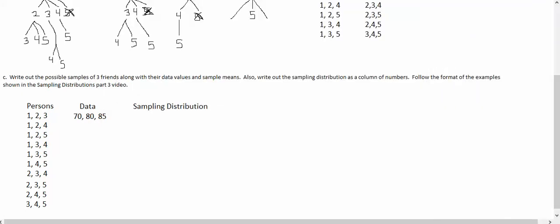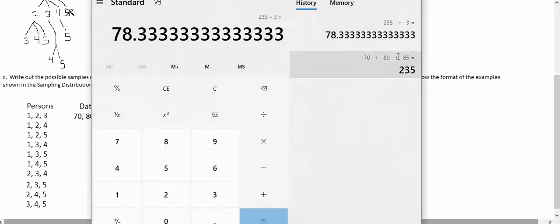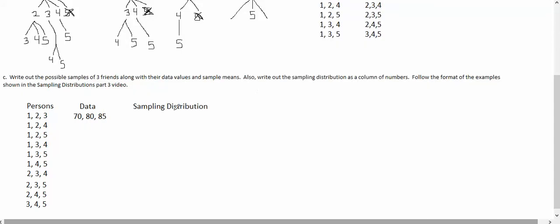We can round to whatever decimal place we want as long as we do it the same way for all of the possible samples. But I'm going to have you round each one to 1 decimal place. So it's 78.3.